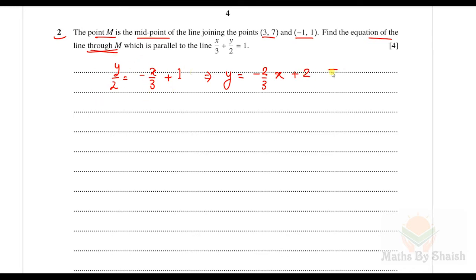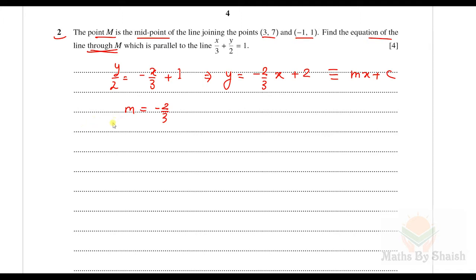Now if we compare it with mx plus c, then we can say that the gradient of the line is minus 2 by 3. So from here m is equal to minus 2 by 3.